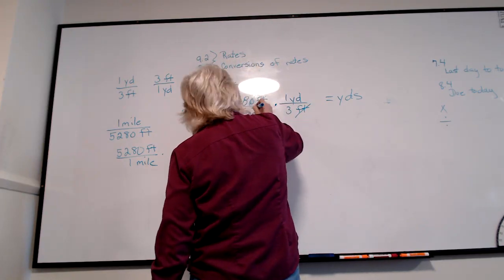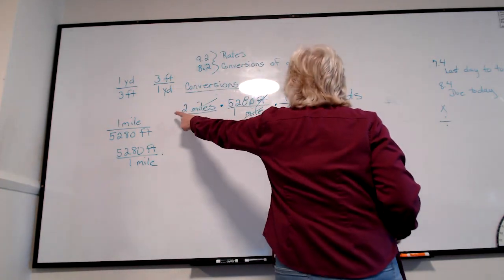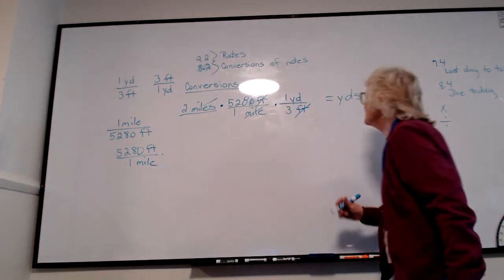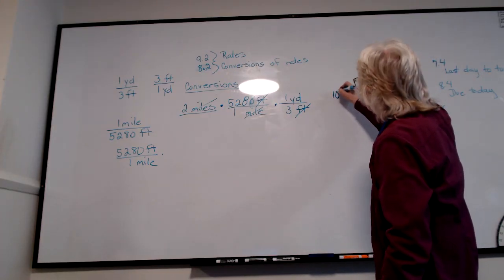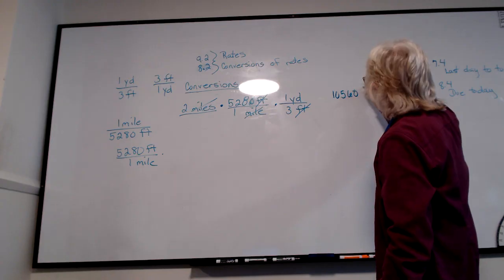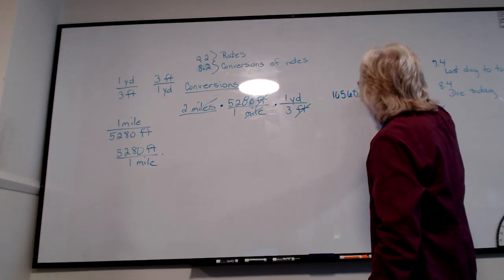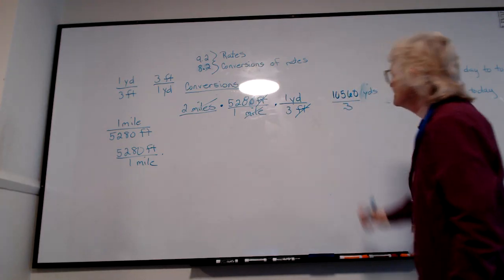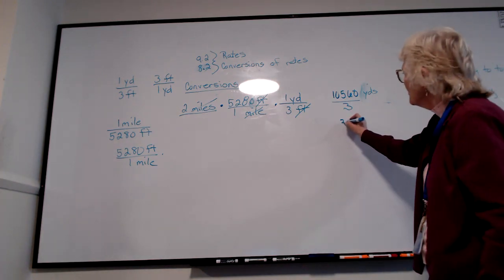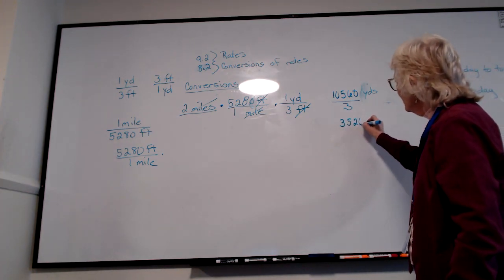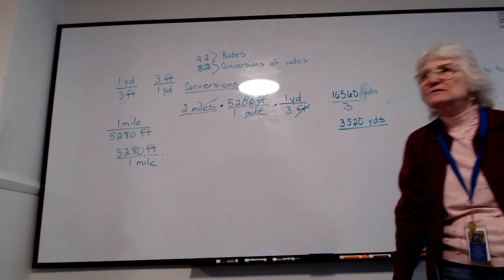The feet cancel. So now I multiply. Across the top, it's 2 times 5,280. So that is 10,560 feet. No, yards. Divided by 3. That's 3,520. That's how many yards are in 2 miles.